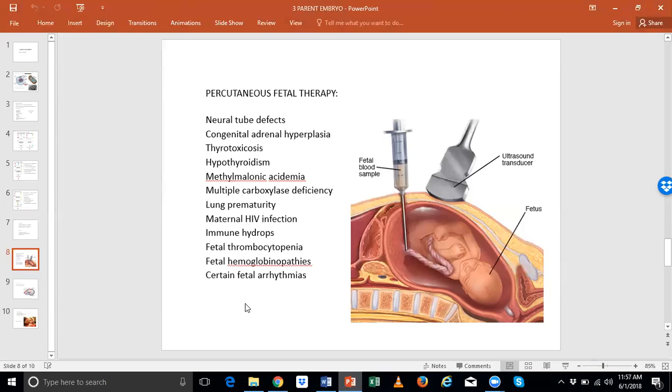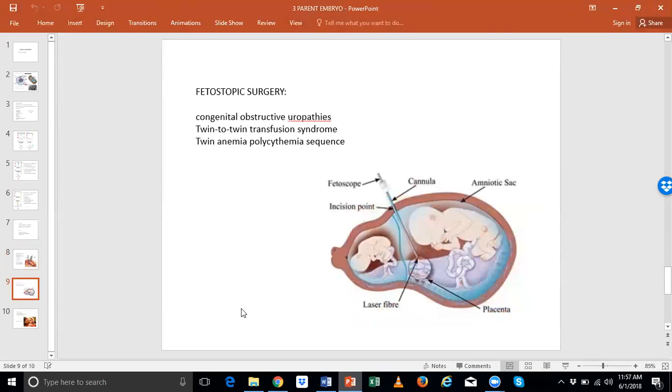Exciting. And you see it's minimally invasive. The other one is a little more invasive, but still considered minimal, which is when a cannula is introduced through a fetoscope. A fetoscope is just a scope that goes into the fetal area, and that's why it's called a fetoscope.